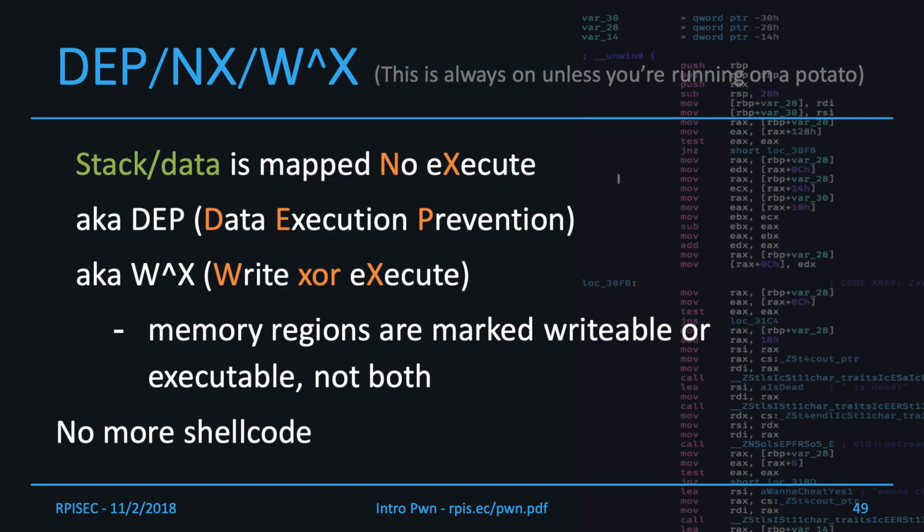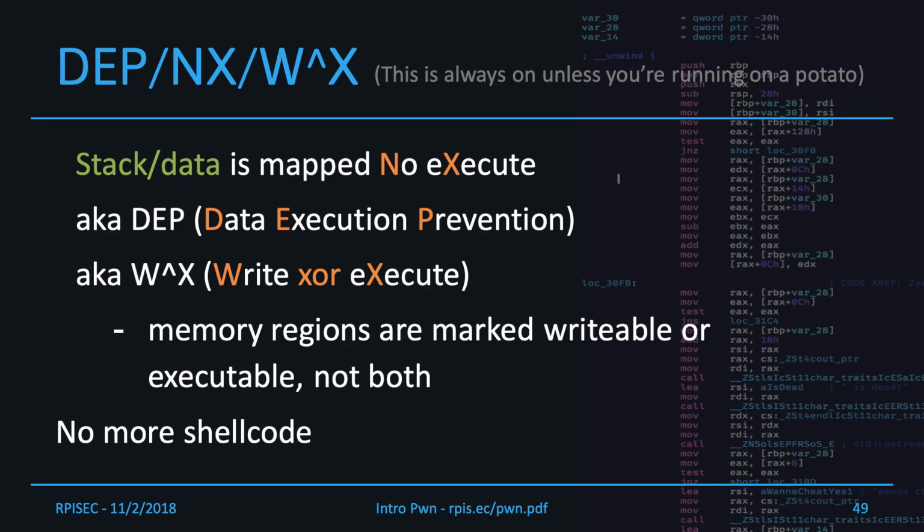So it can have either one or the other. And what this means is that if we were writing our own shell code to the stack, stack data is mapped no execute. So you can write your shell code there, but if you try to jump to it, get the instruction pointer to start pointing there and executing there, it'll crash because it doesn't have permissions to do that.